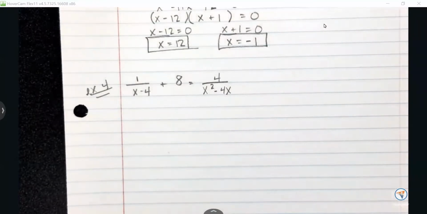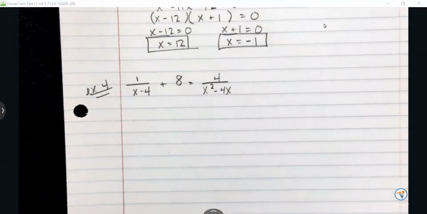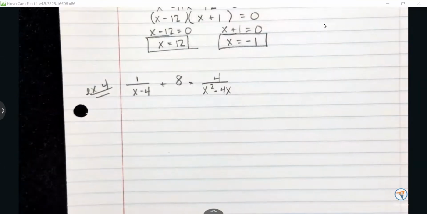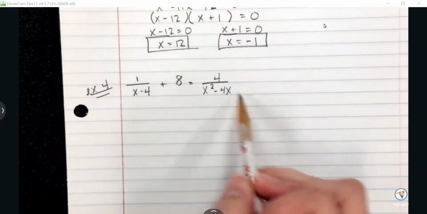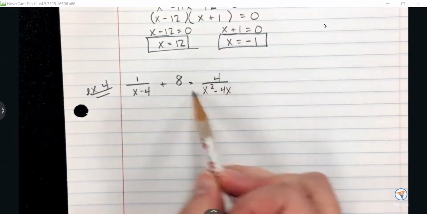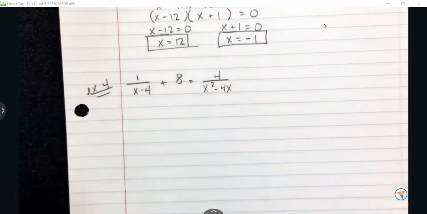Do you want me to help you set it up? Yes. No. Not yet. 2 minutes. Okay, here's my hint first. You need to go figure out what this can factor out to. So go get me a new denominator on the right side.